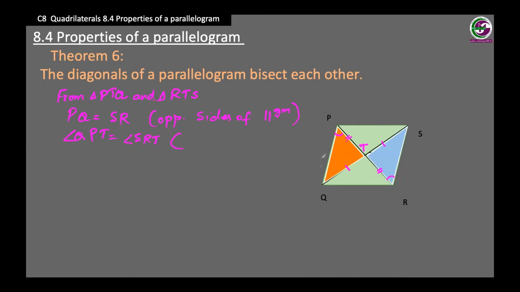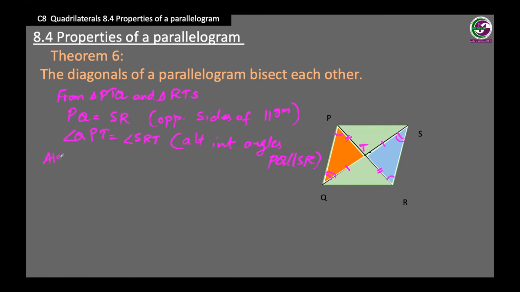Alternate interior angles, because this is parallel. So we can see a Z shape. Alternate interior angles. For the sides, PQ parallel to SR. Again, we can say that these two angles are equal.